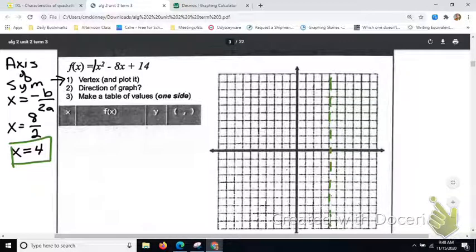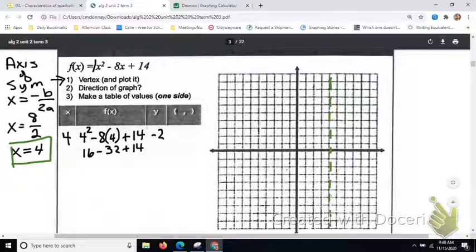So then I'm going to start plugging in numbers to find, first off, the vertex. So if x is 4, now I plug 4 in, and this is just giving us a little spot to do that. So this is 4 squared minus 8 times 4 plus 14. You can just type that all in your calculator. And that turns out to be -2.